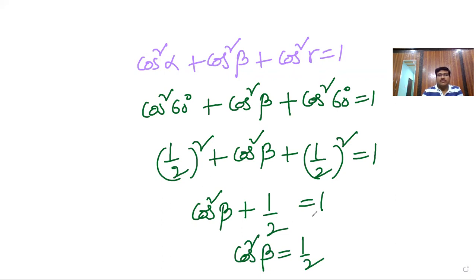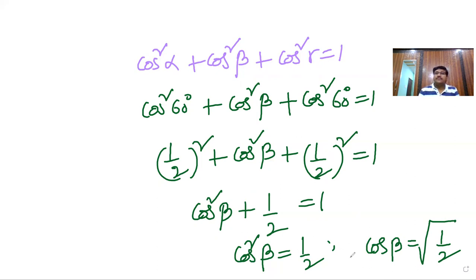Clear? And cos beta is the square root of half.